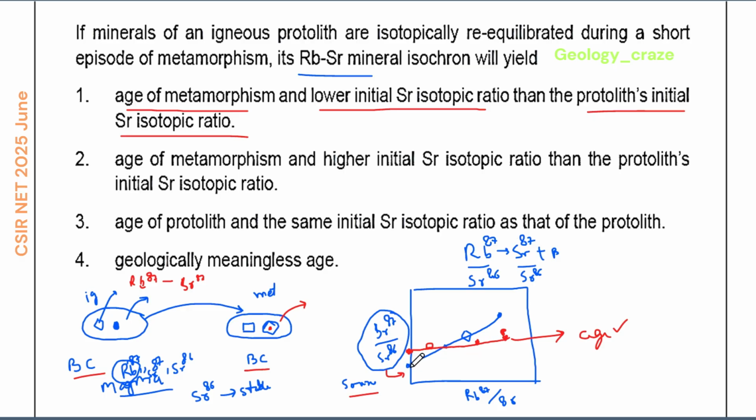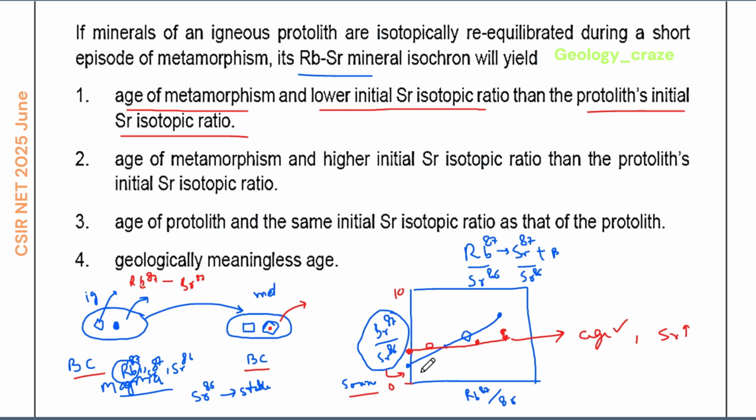Now within the metamorphism, is the Sr 87 by Sr 86 value getting increased or decreased? I told you, due to decay of Rb 87, this Sr value increases in the metamorphism, and within the mineral also it is increasing. Suppose here it is 0, here it is 10. From this itself we can calculate.